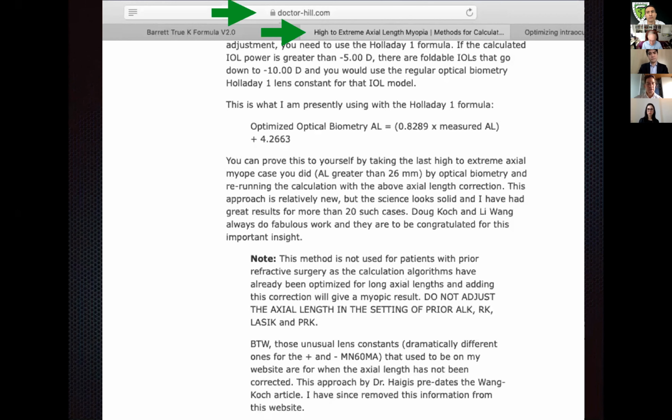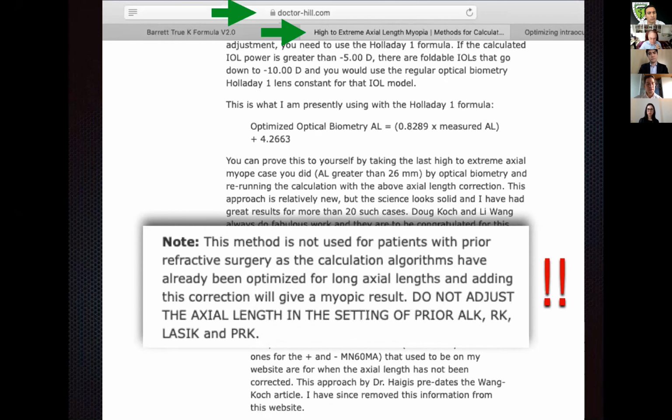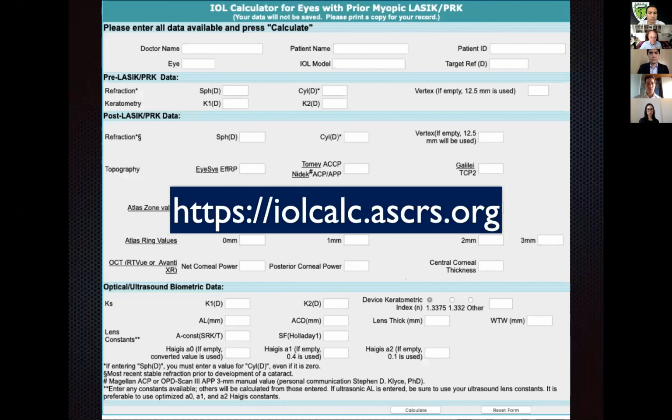I'm sincerely talking about this: I used to read this and never focused on it, because there's a big note that mentions this method for adjusting the axial length is not recommended for patients with prior refractive surgery, RK, LASIK, or PRK.